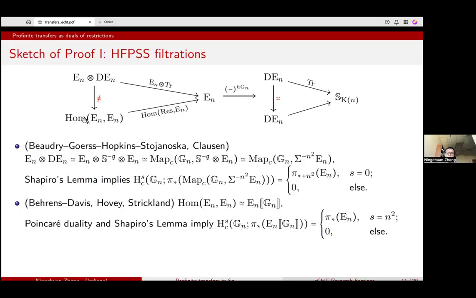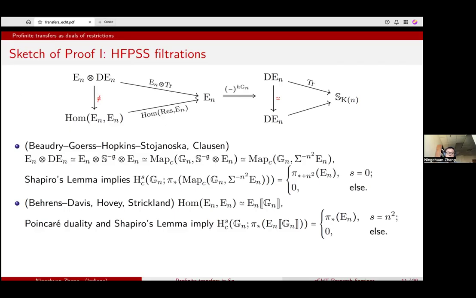Now, if you look at the bottom map and what happens to the homotopy fixed points, the source already has homotopy fixed points filtration n squared. So the target, whatever it hits, must have filtration at least n squared.